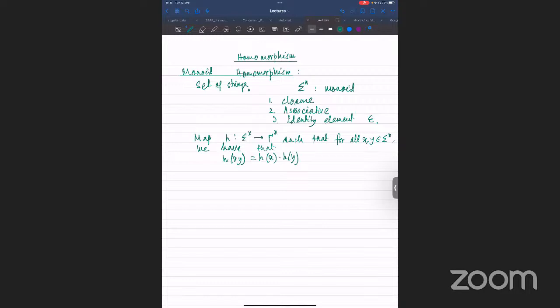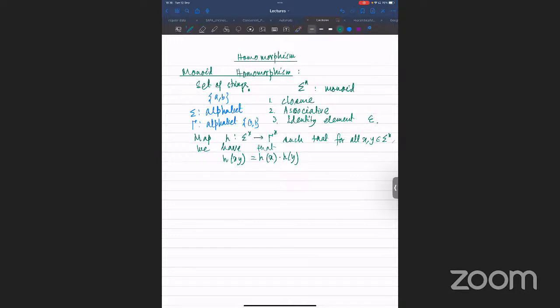Okay, so we are talking about strings. This is also a set of strings, and this is also a set of strings. My sigma and gamma are alphabets. For example, sigma can be a, b, and gamma can be 0, 1. For both of them, the identity element is epsilon.